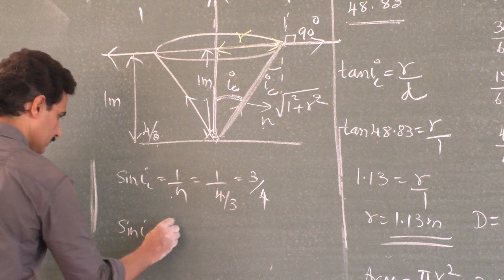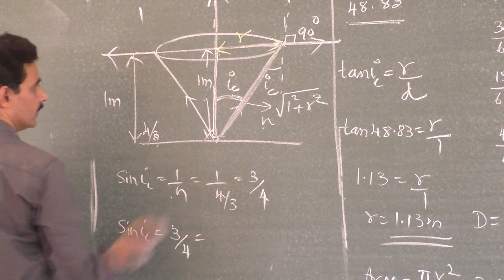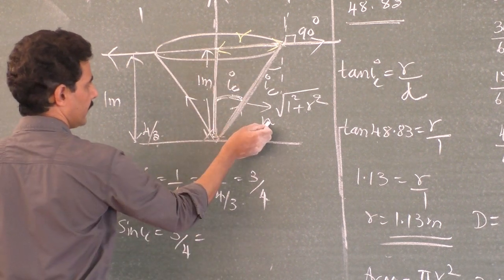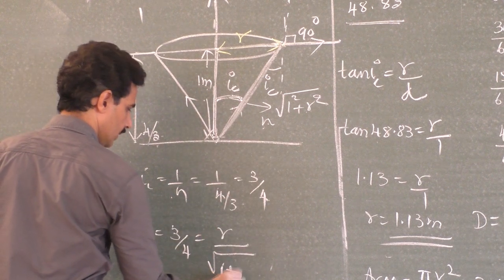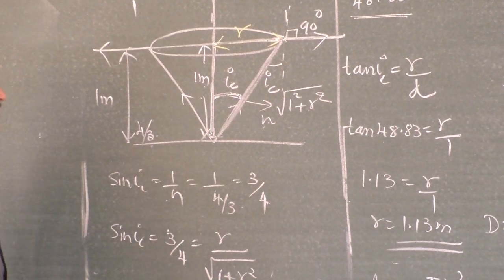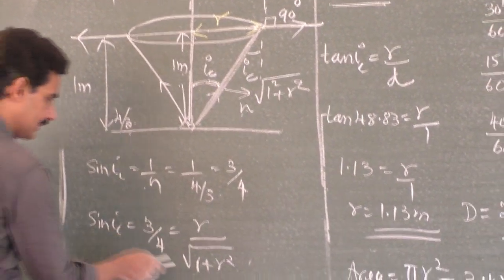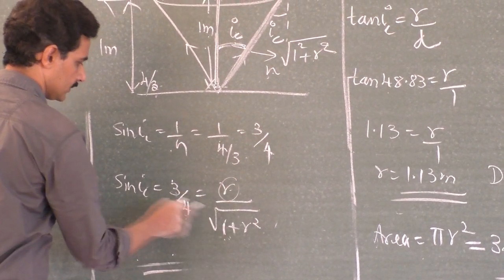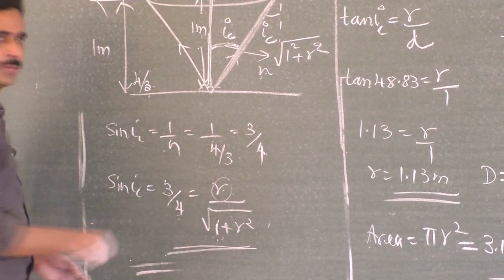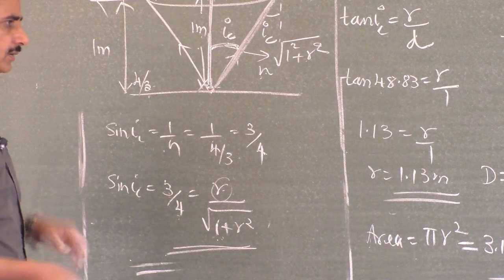And sin IC is equal to 3 by 4, which is also equal to opposite side divided by hypotenuse. So you need not use this log table at all. You will directly get r from here. Just cross multiply and square it, you will get the answer. This is also possible. Whichever is easier, you do that.